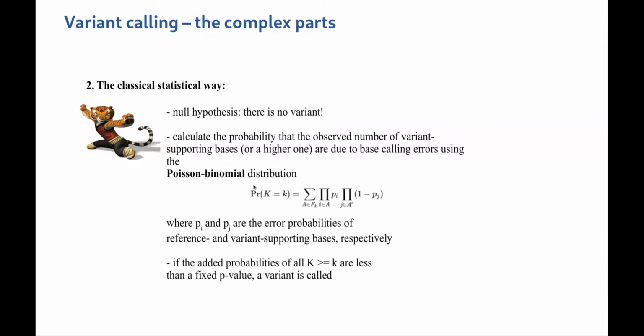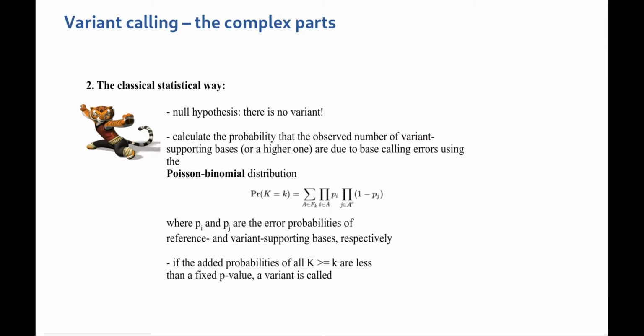You can look it up in Wikipedia if you don't know it yet. What this formula takes into account is the error probabilities of each reference supporting base and the error probabilities of each variant supporting base, puts it into that formula, and gets an overall probability that the variant supporting bases observed are just explainable with these errors alone.